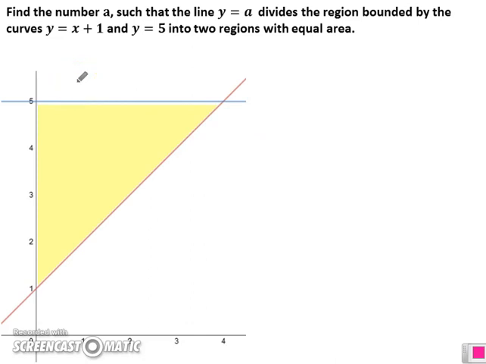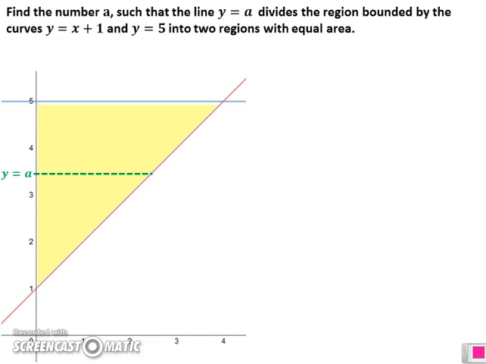Okay, so we need to figure out the a value that would cut this area, this yellow piece, into two regions with equal area, meaning it's some horizontal line somewhere, I would guess somewhere around here, where these two things are of equal area.